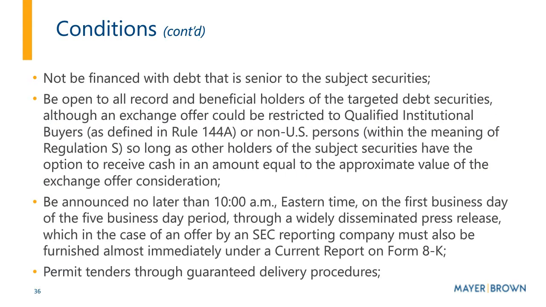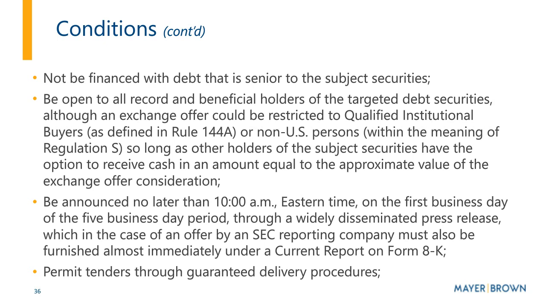In this instance, the offer has to be announced through a press release. That has to be made before 10 Eastern. It has to be made on the first business day of that 5 business day period. And it has to be made through a wire service. So very different from just mailing the offer documents before the clock strikes midnight.